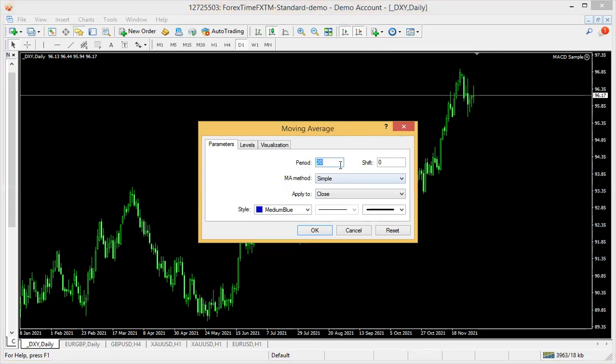So if I pick 20 moving average, it means that I want my moving average to calculate 20 candles, and inside this 20 candles there must be buying and selling, but the one that has the highest number, which is profit, the highest pips, is the one that the moving average should follow in its direction.